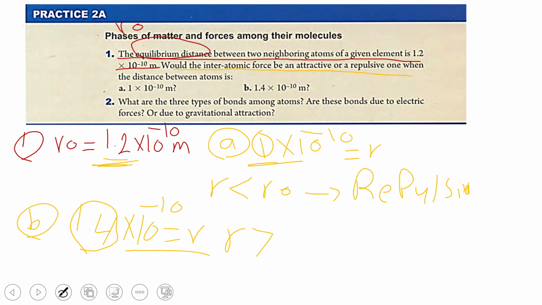This r now is bigger than the original r, so the type of the force now is attraction. Attraction force, because this r is greater than the original one, but in the first case you have 1, and it's smaller than 1.2. That's why attraction. Okay.